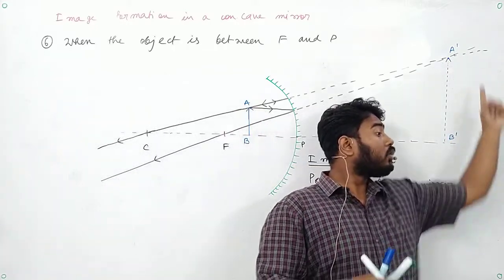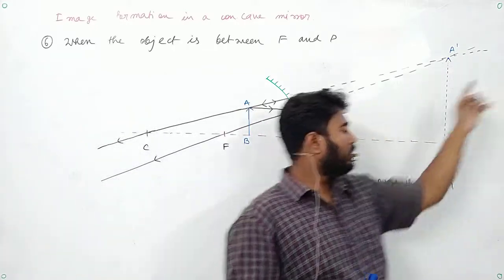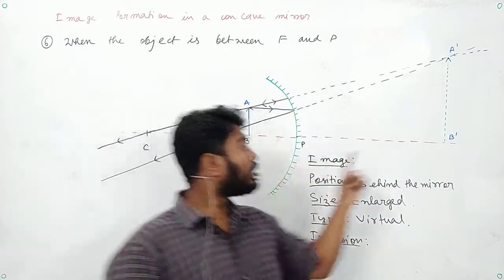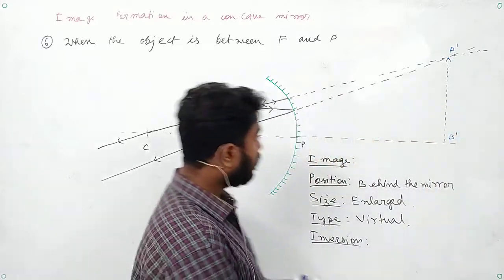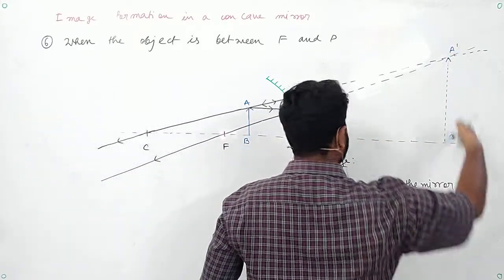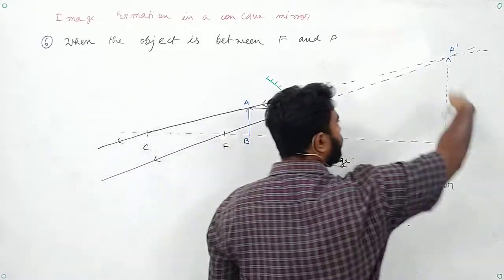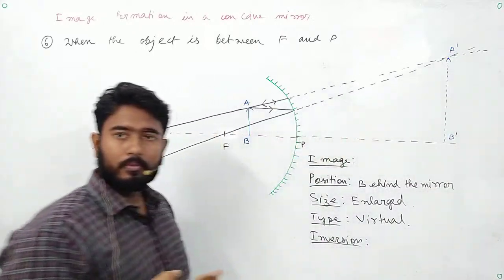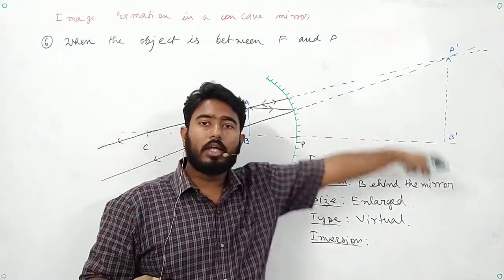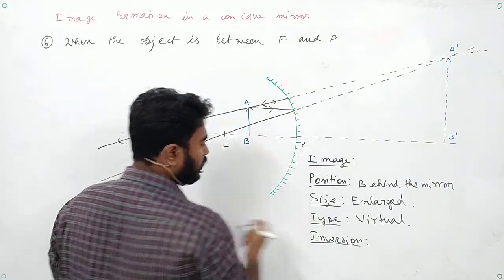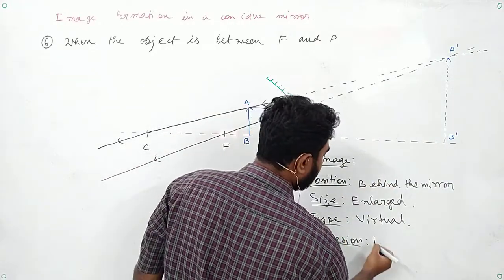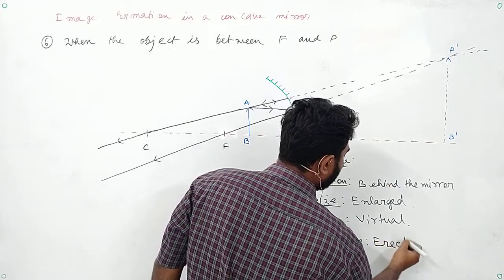A dash is also at the upward direction. Both of them are at the upward direction. That means it is not inverted, it is erect.